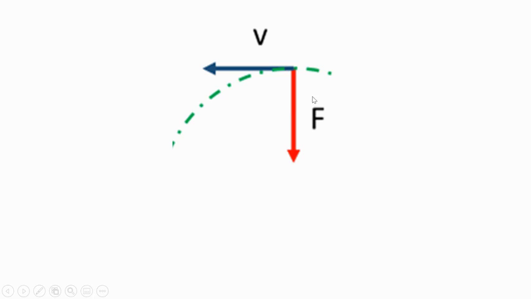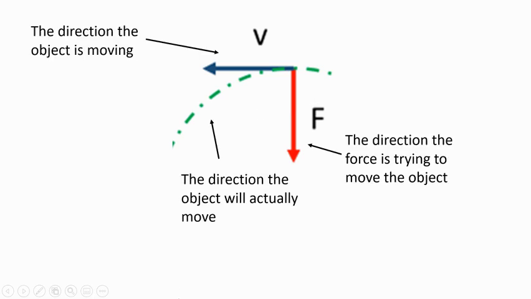Okay, so again, this is how it works. The direction the object is moving is shown here, and if there is no force, then the object's momentum would keep it moving in the direction of that blue arrow. But there is a force towards the center of the circle, and if there were no velocity, just this force, then the object would just fall towards the center of the circle.